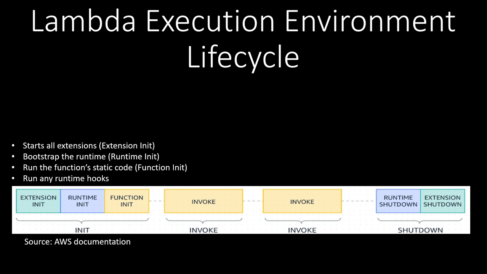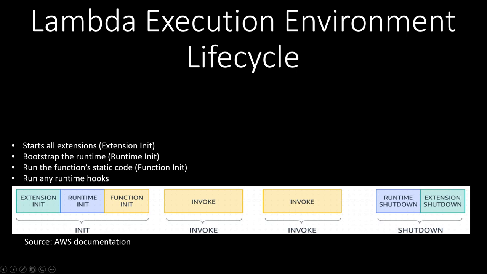For example, if you set the function timeout as 360 seconds, the function and all extensions need to complete within 360 seconds. The invoke phase ends after the runtime and all extensions signal that they are done by sending a next API request. When the next API request is sent by the invoke phase, the shutdown phase starts, which means our Lambda function code has completed.